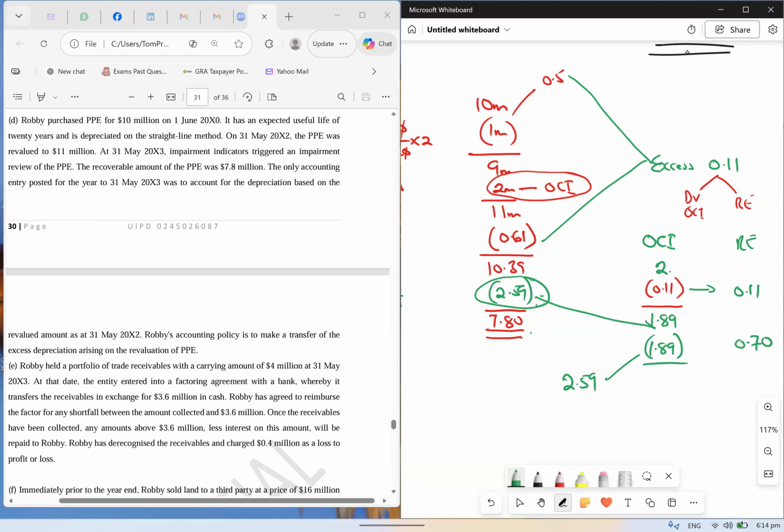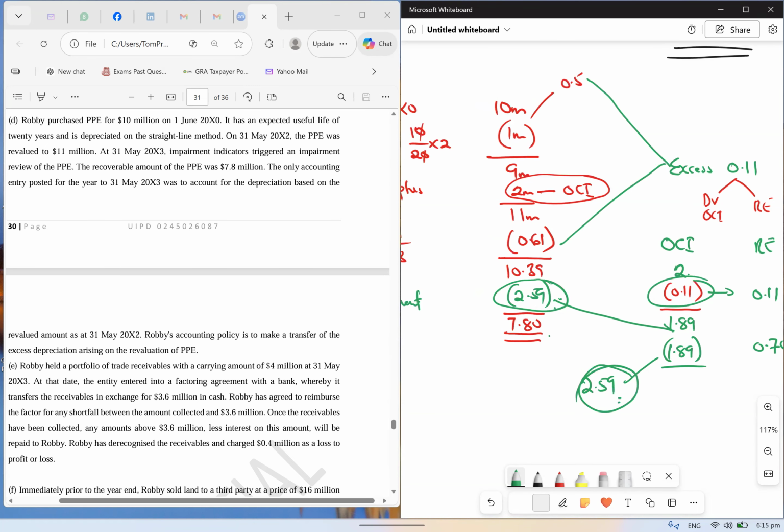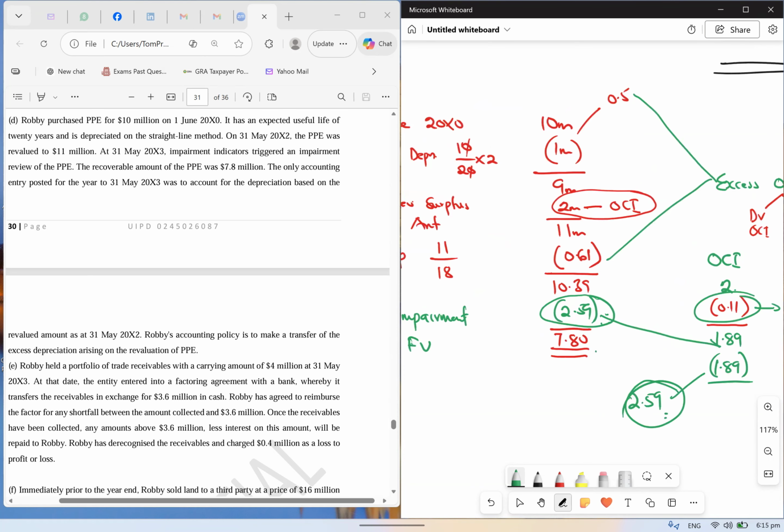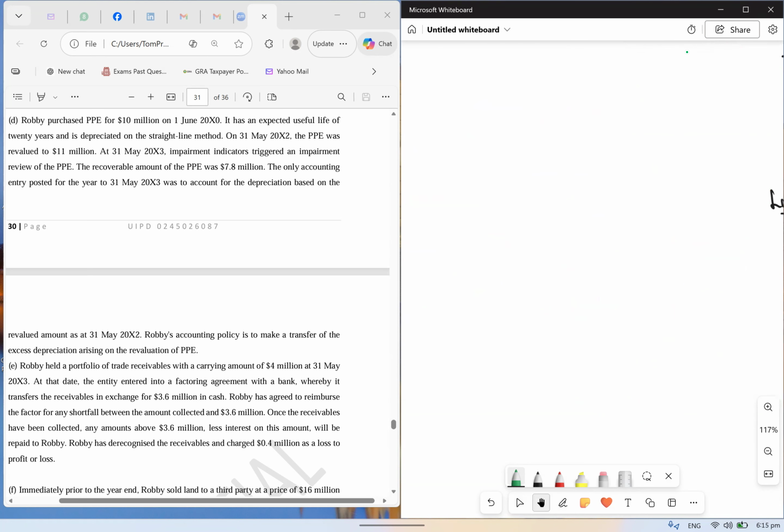You've done the offsetting. So technically, in your OCI, you go and subtract 1.89 from this figure, and you are also subtracting this. So when we go to our OCI, we have this to subtract. So all these things were done. Where is my balance sheet?